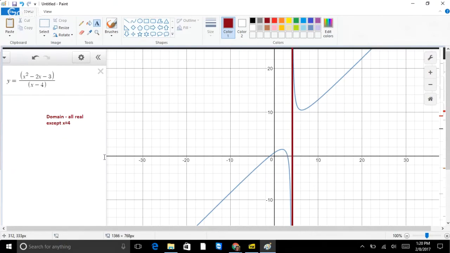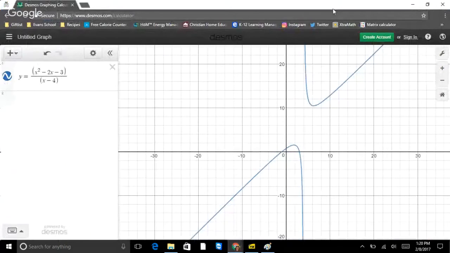Now let's look at my range. My range is interesting here, right? I don't really have an asymptote, but I do have some values that are kind of missing that I'm not able to obtain. So I might have to switch back over to Desmos for my range. So if I look at my range, my y values, so I'm looking at the y's, 23, 21, 19, 18, okay?